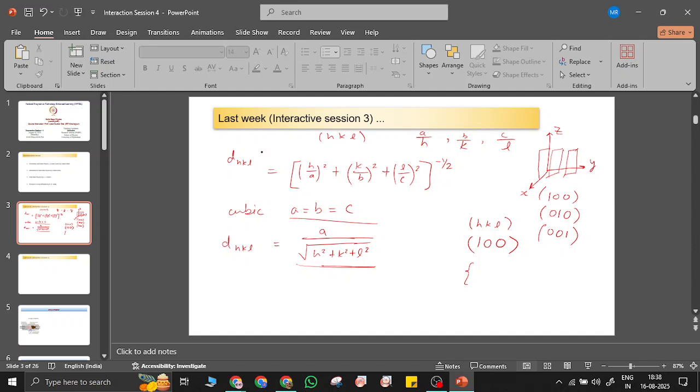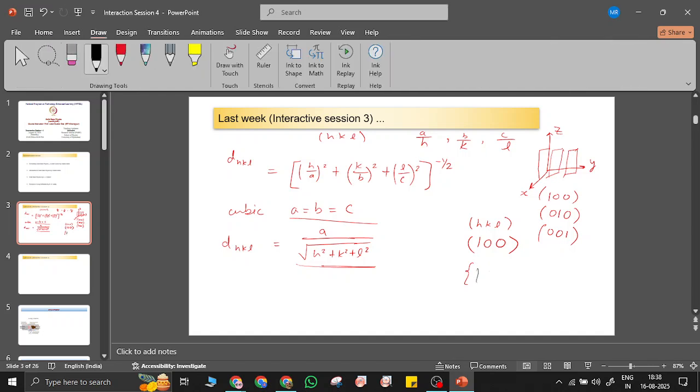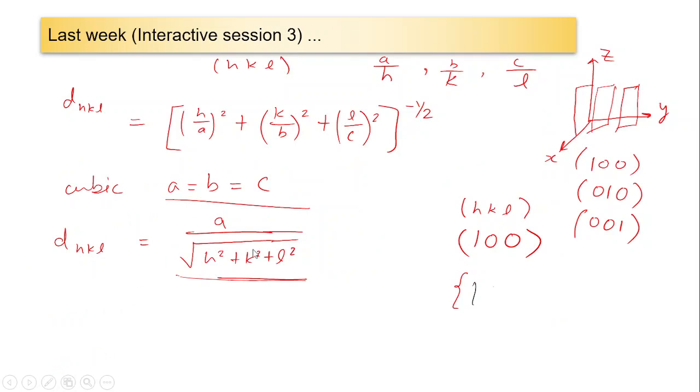We had discussed how we get the formula for interplanar spacing between the planes, and then how we represent the plane and then a family of planes. We write the index, and when we put it in these brackets, which are called braces, this means we are talking about that family of planes.